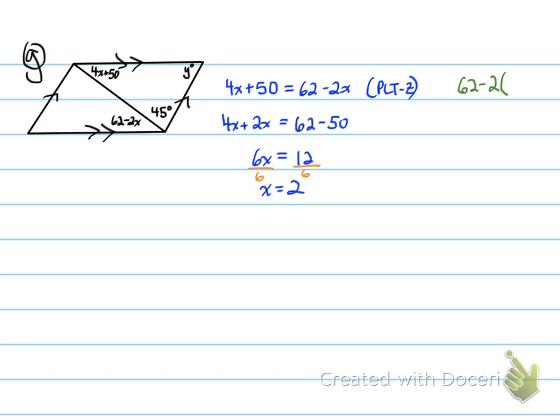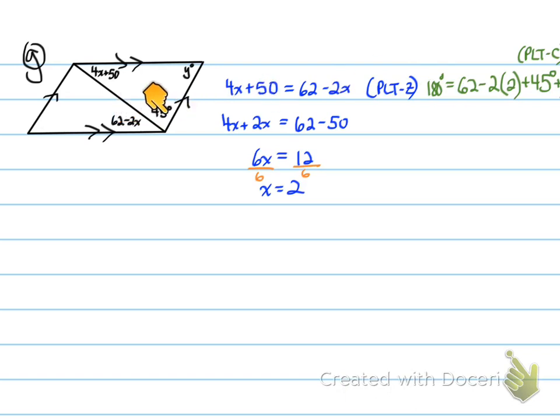So here we go. This is how we're going to do the last part. The last part we figure out will be 62 minus 2 times 2 plus 45. So this piece plus y using PLTC will equal 180 degrees.